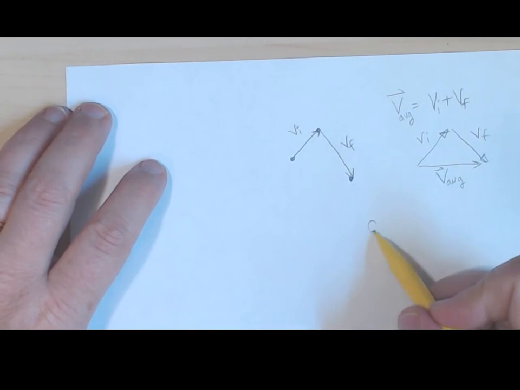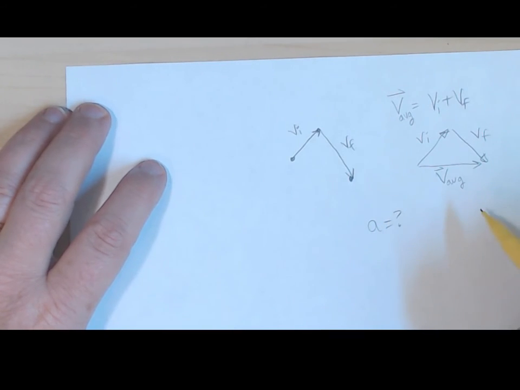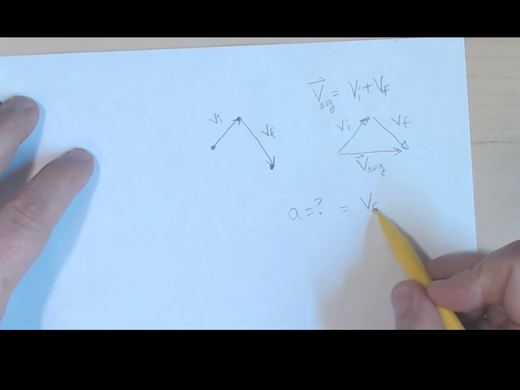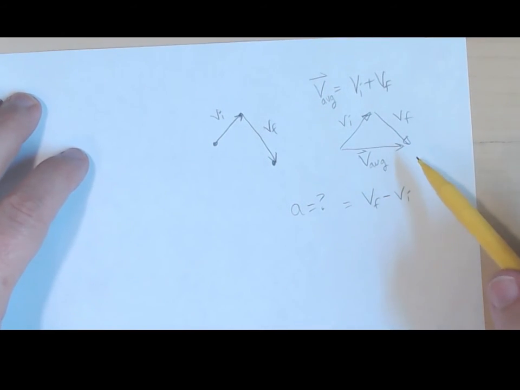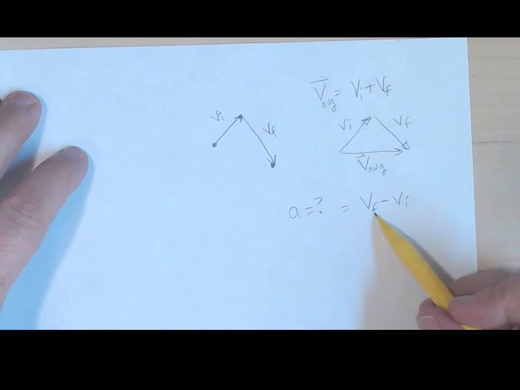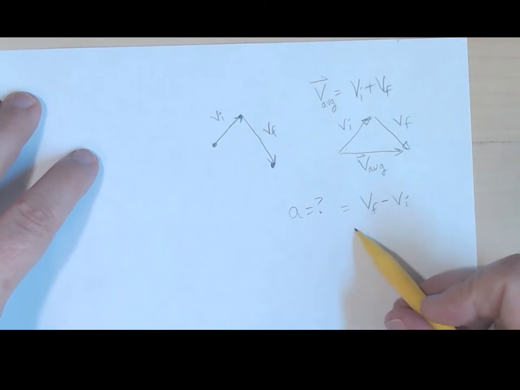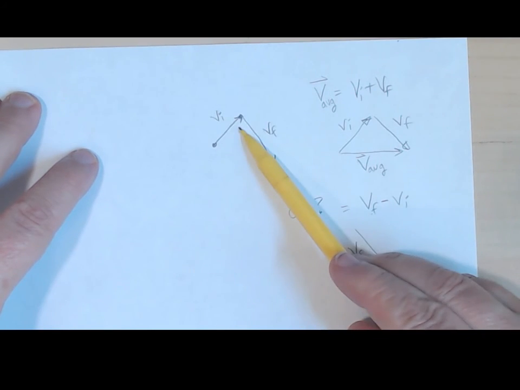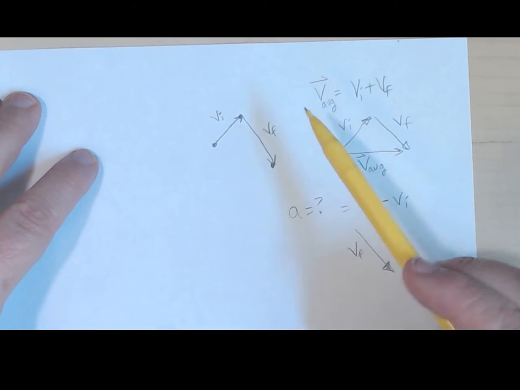But now what about acceleration? What is acceleration? Well, acceleration equals v final minus v initial. So in this case, I want to subtract the two vectors. So I start with my v final, which is like this. I subtract v initial. That means I've got to take this vector and I need to flip it.